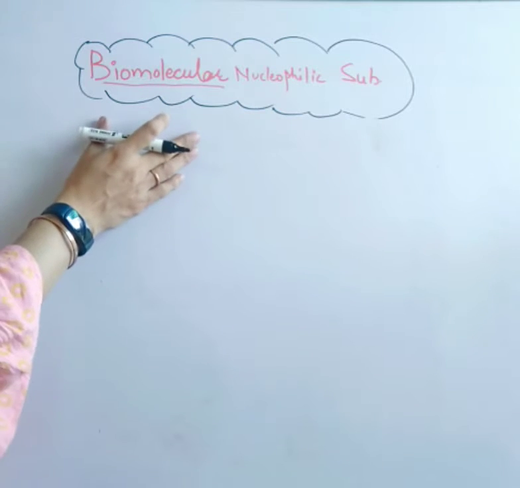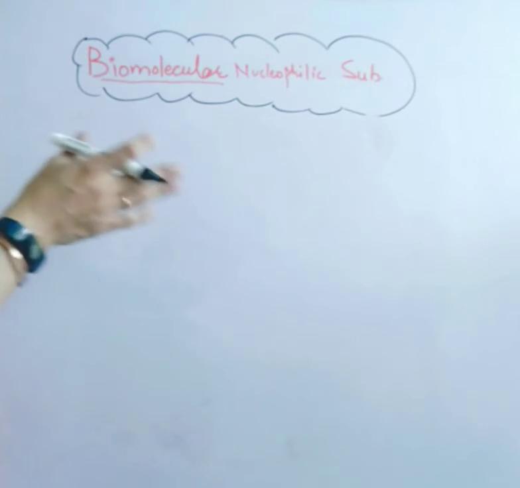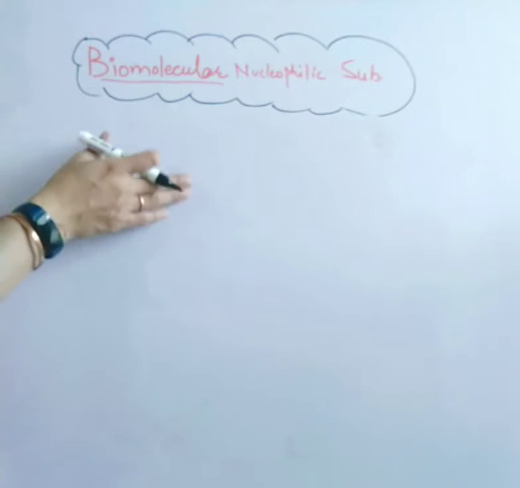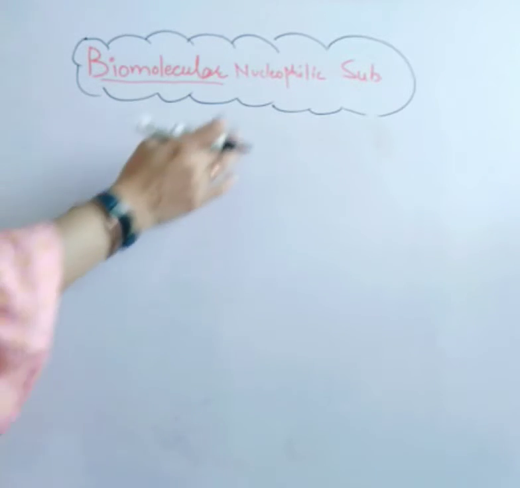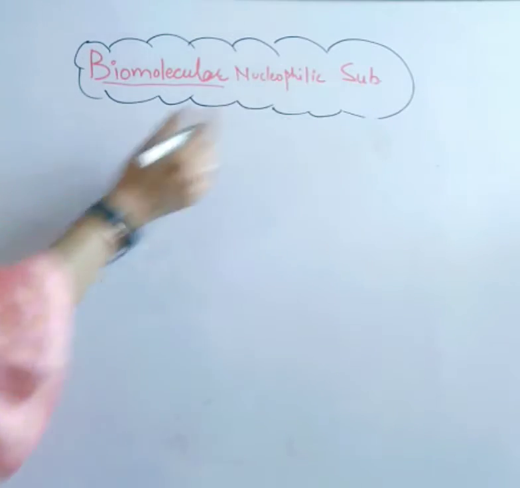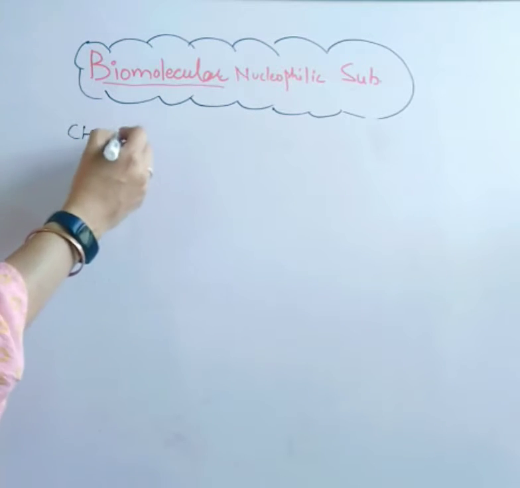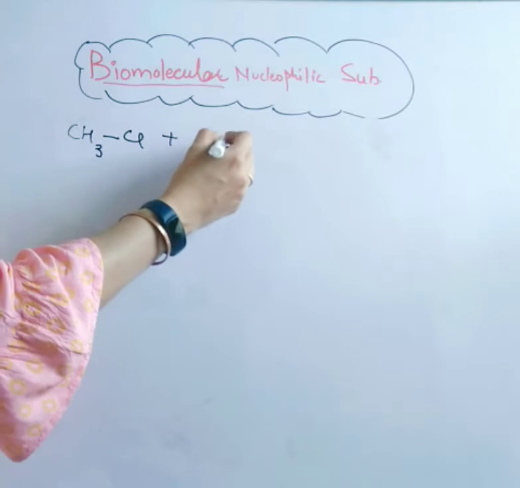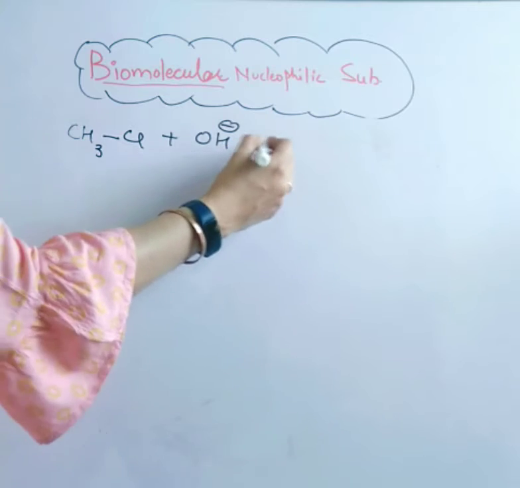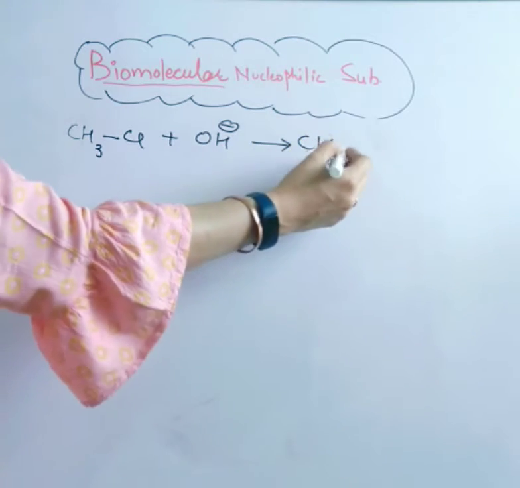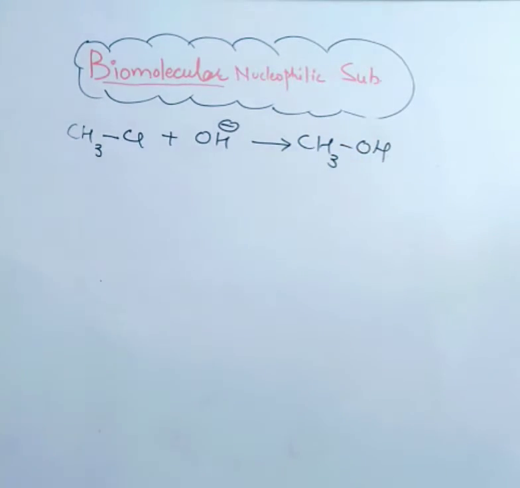But we can't say that it is a reaction, we will say it's a type of nucleophilic substitution reaction, which we have done in an earlier video. Nucleophilic substitution, we know methyl chloride in the presence of a nucleophilic reagent was producing methanol.